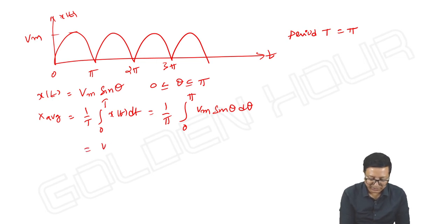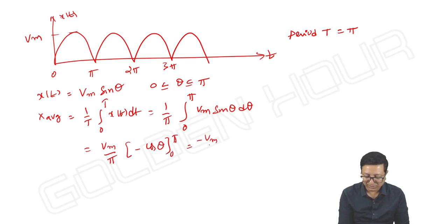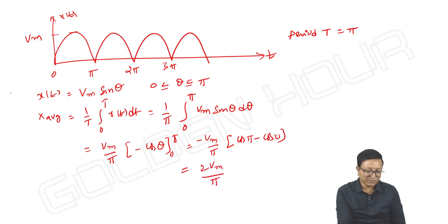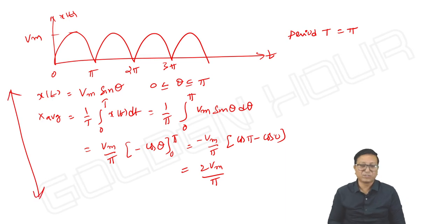It is further written as Vm by pi integral sin theta, which is minus cos theta over the limits 0 to pi. Now minus Vm by pi into cos pi minus cos 0. What is your answer? 2 Vm by pi. But is it necessary to do all these calculations? Not required.